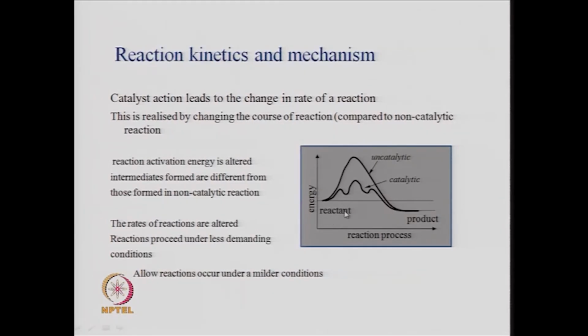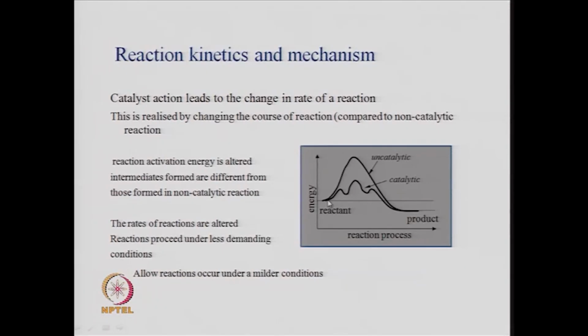So, this delta G of reaction is given by the difference in energy of reactant and product, but another important thing is how high this maximum is compared to the original energy of the reactant, and this difference is called the activation energy. For the reactant to become a product, it has to go through this maximum.